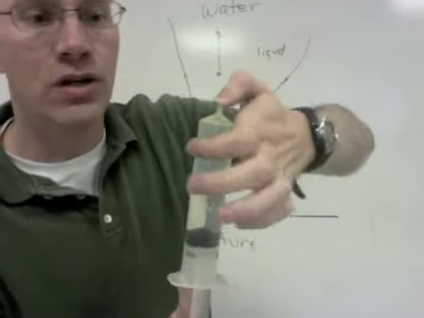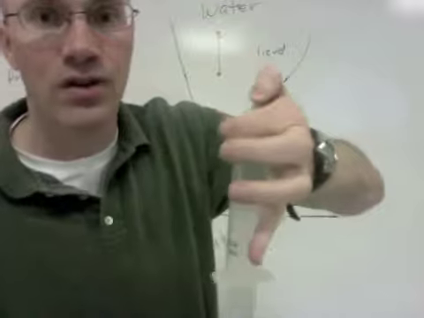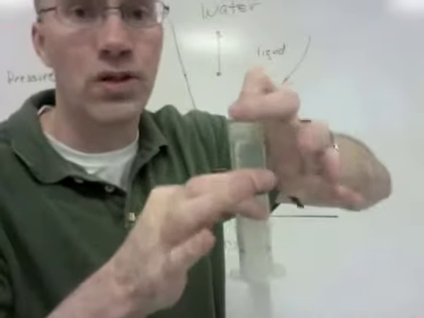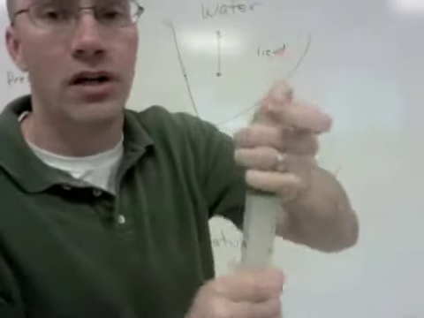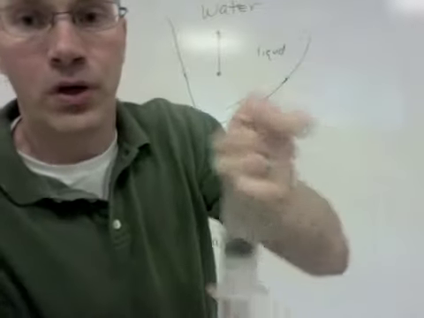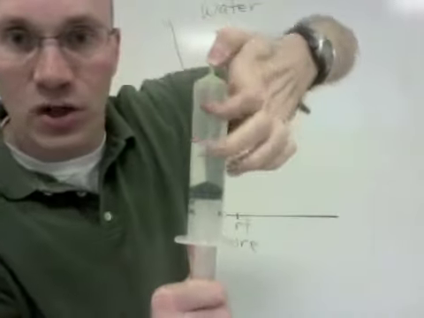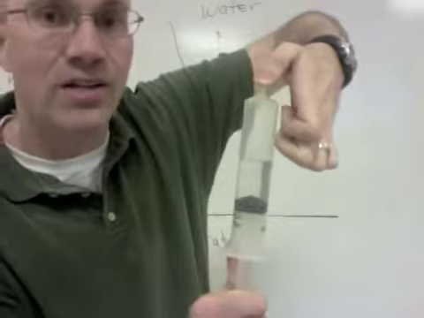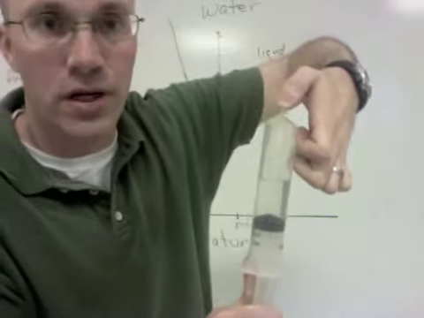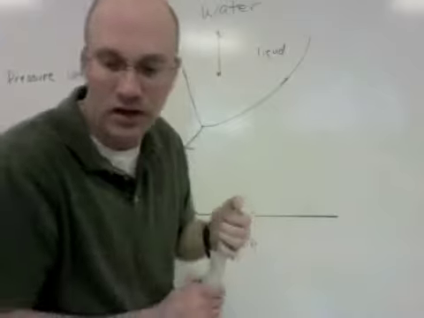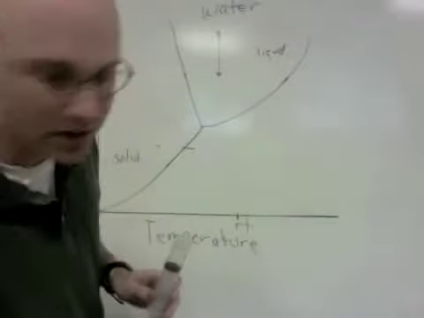And you can demonstrate that because if I let go of this, you can see the plunger wants to return to its normal shape. So right now, when I pull back on that, you can assume that the air inside of that syringe on top of the water is at a lower pressure. So how would you show that in a phase diagram?